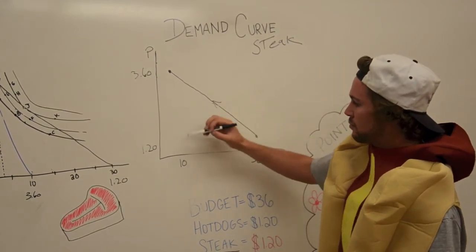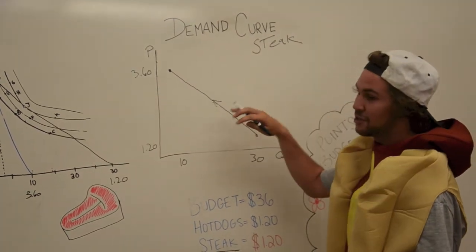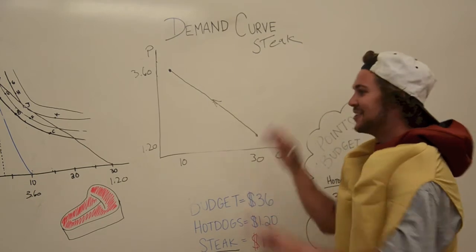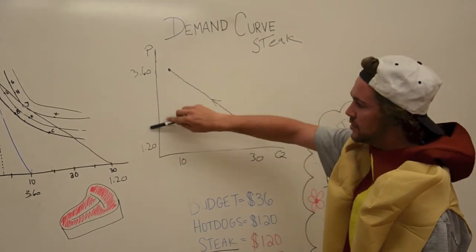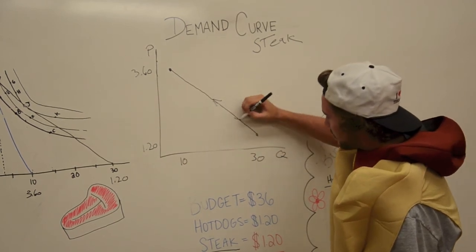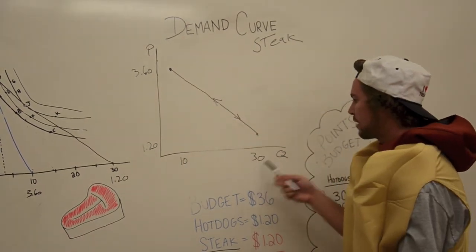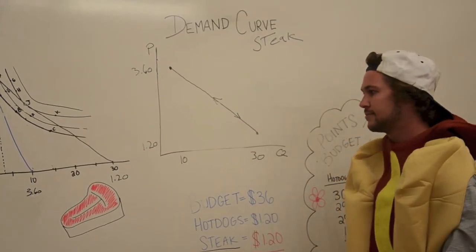So we move up. We don't shift, sorry, we move along, no shifting. And then when price goes down, we move along the demand curve and go down, and that's where we would have a higher intake of steak.